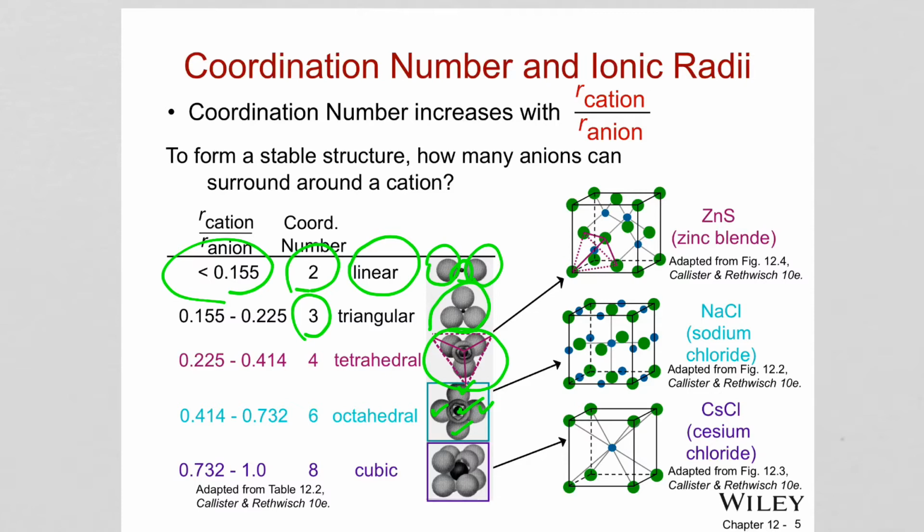So it all depends on the sizes of cations and anions and their relationship, and that's how the structure is determined for ceramics.